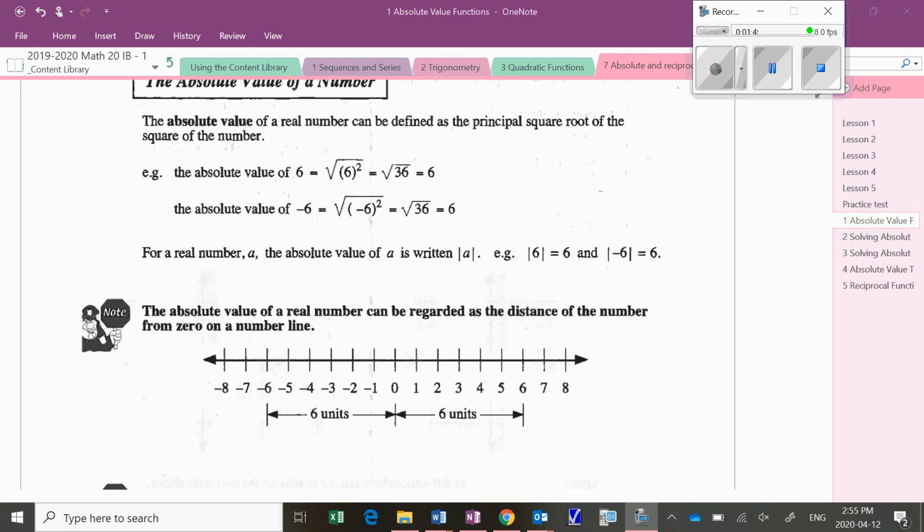How far is the number 6 away from 0? It's also 6 units. So the absolute value of 6 and negative 6, both of them is 6. So it's almost like me asking you, well, how far did you drive to get to school? Or how far did you walk to get to school? We're not worried about direction at all. It's just basically how far did you come.